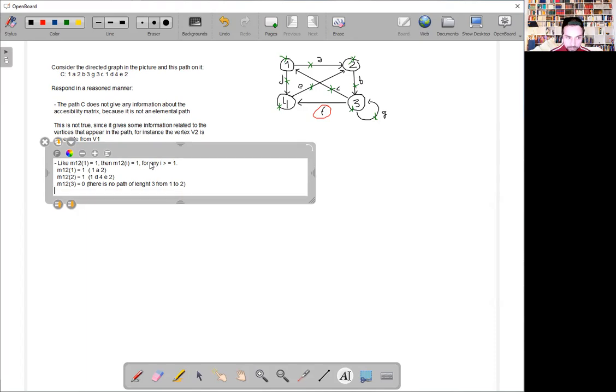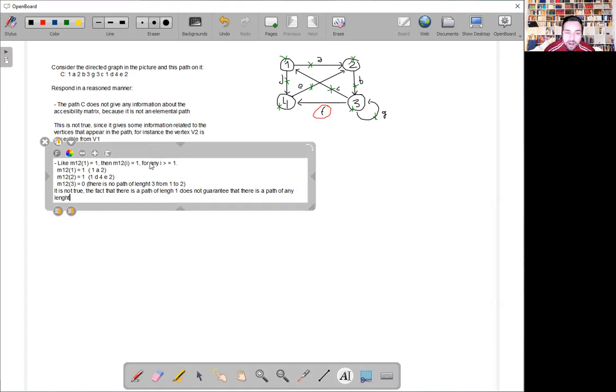So it is not true. The fact that there is a path of length 1 does not guarantee that there is a path of any length more than 1.